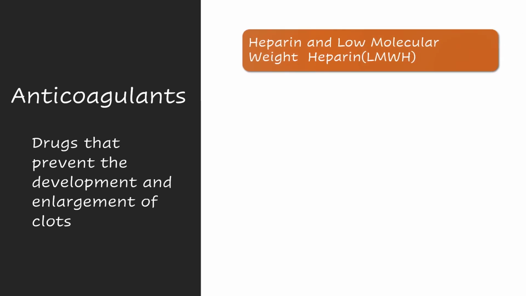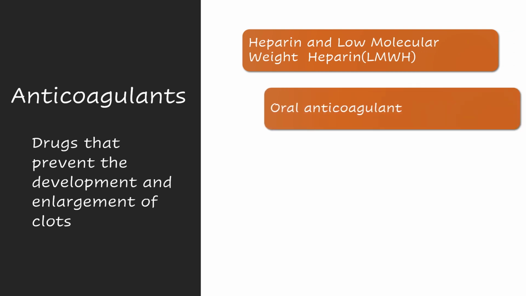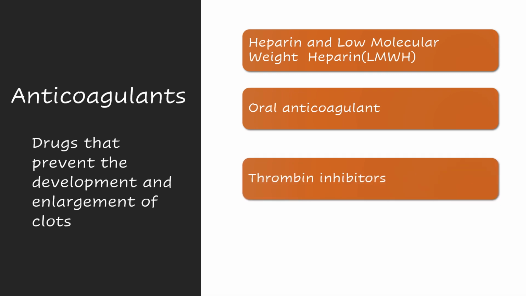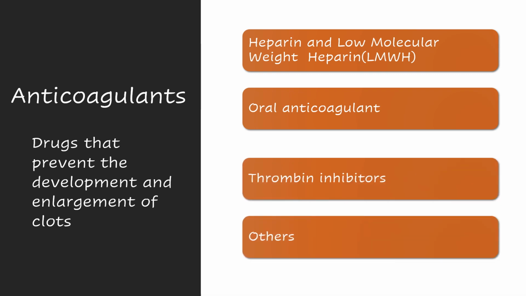Under this, we have heparin and low molecular weight heparin. We have oral anticoagulants, we have thrombin inhibitors, and there are other classes. Warfarin is an oral anticoagulant. Dabigatran is a thrombin inhibitor. There are also several other thrombin inhibitors that you can look up. And there is another class, like fondaparinux.